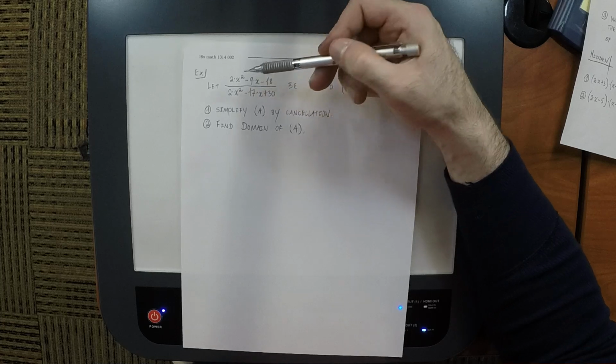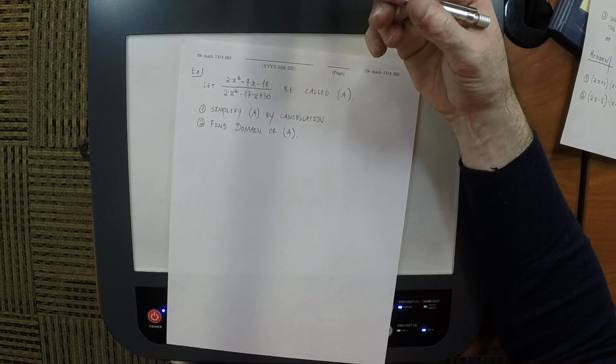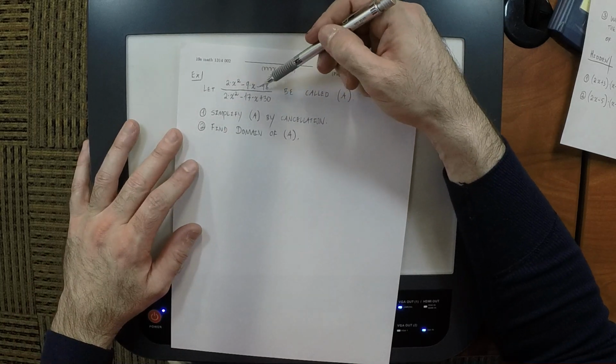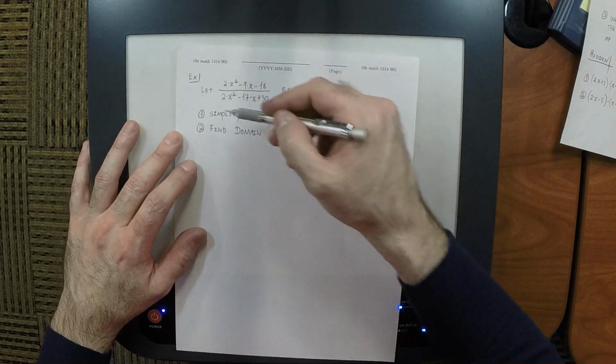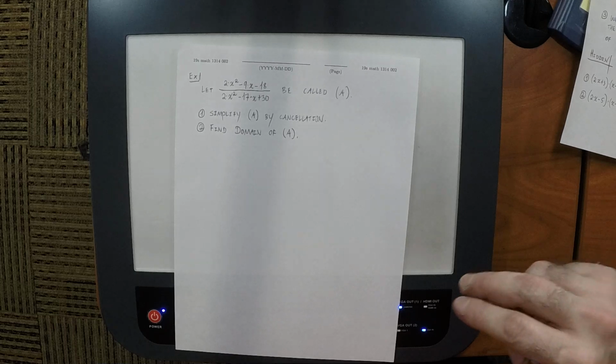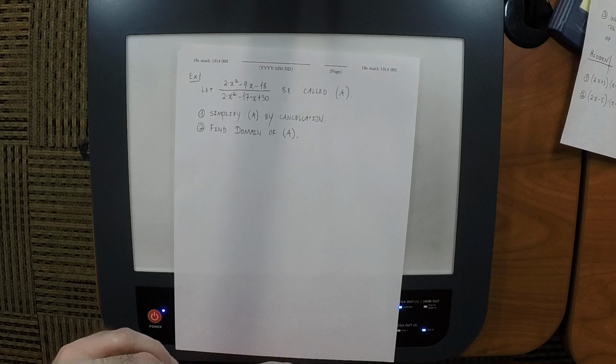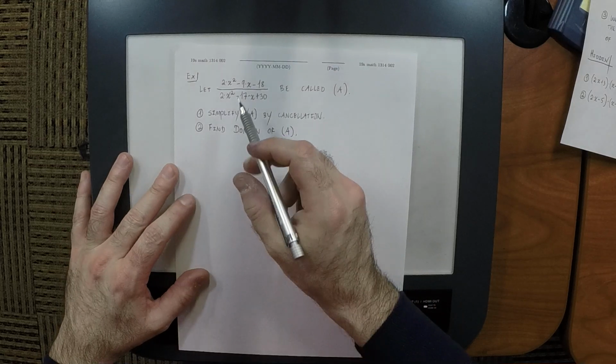Do those cancel? And the answer is no, because these are terms added together in the numerator, and these are terms added together in the denominator, and they're being divided. So you know, multiplication distributes over add, but division doesn't. So there's no cancellation that you can do immediately.